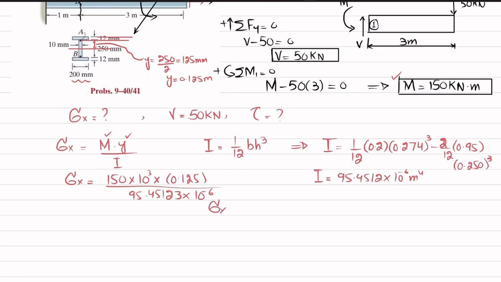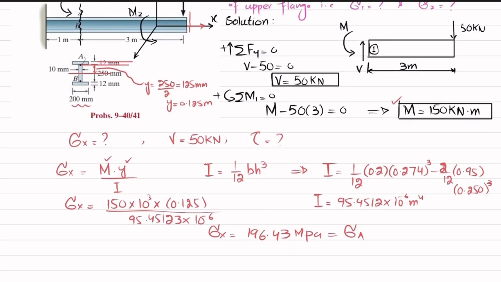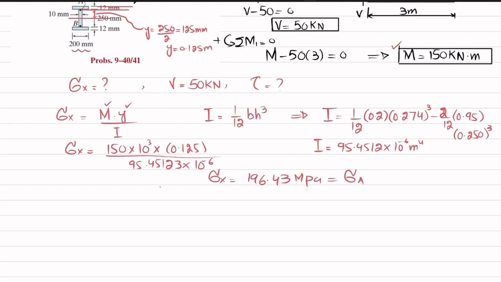So you will get sigma x equal to 196.43 megapascal, and this stress is at point A. So this is also equal to sigma A because it is calculated at this point A, where y is taken from neutral axis till point A. So we have sigma A equal to 196.43 megapascal.